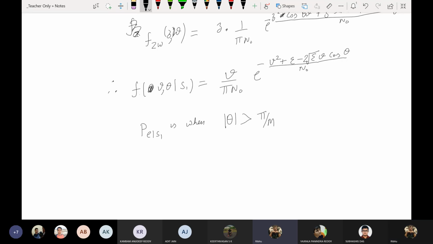So therefore, step 1: the first thing is that the probability of error is independent of R, or the probability of error doesn't contain an R term, or the error event doesn't contain an R term, which means that we have to obtain theta given S1 equals F.